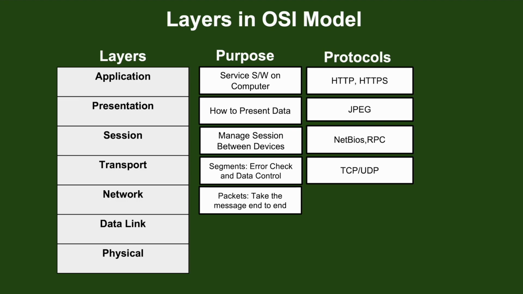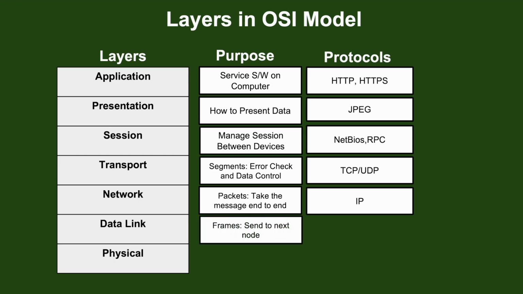The responsibility of the network layer is to take the message end to end, from one end host to another, routing the packet all through the internet to make sure it finally reaches the destination. That's the job of the network layer. One of the major protocols in the network layer is IP. There are others like IPX and AppleTalk, but IP is the major one, and that's what we are going to learn.